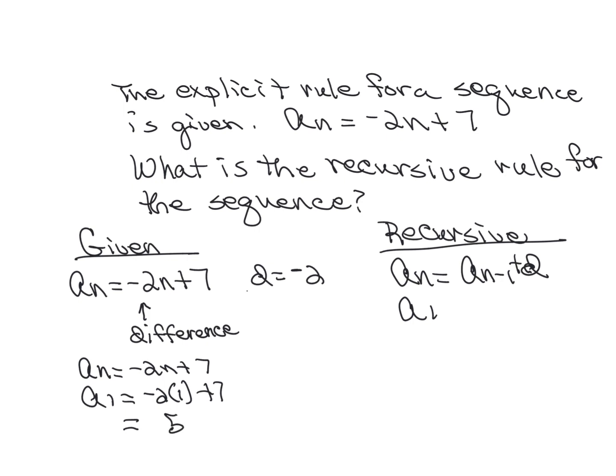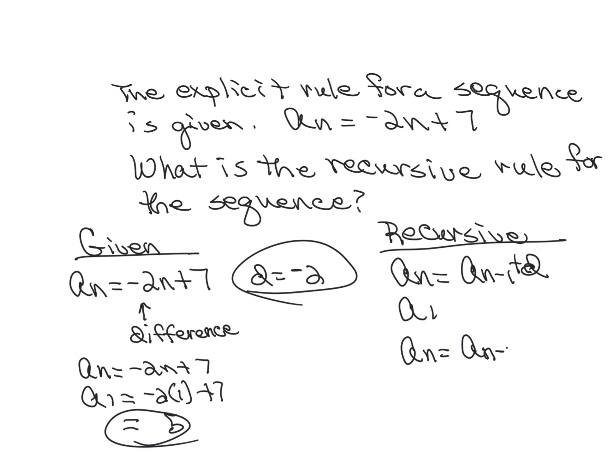Now that I know the difference and what a sub 1 is, I can now write my formula. My formula is going to be a sub n is equal to a sub n minus 1 plus my d value, and because d is negative, that's going to be minus 2. And then below that, I'm going to state that a sub 1 has a value of 5.